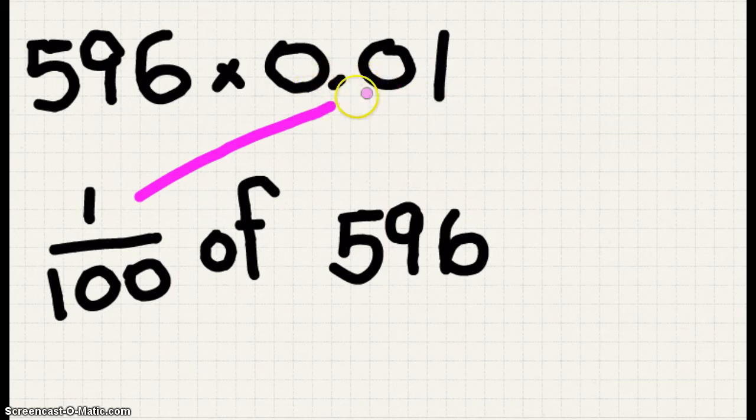So 0.01 and 1 over 100 actually mean the same thing. So 596 times hundredth, we can say 1 over 100, or we can actually read this as a hundredth of 596. We are actually trying to solve the same question. We are talking about the exact same problem.